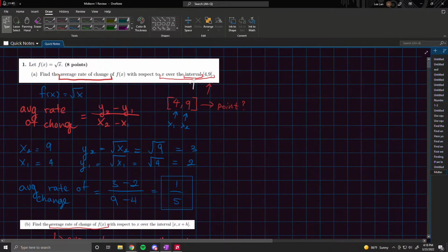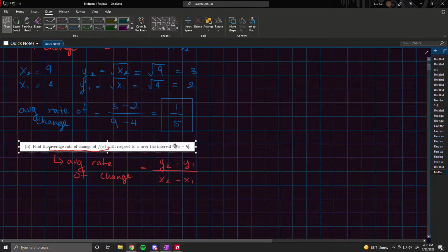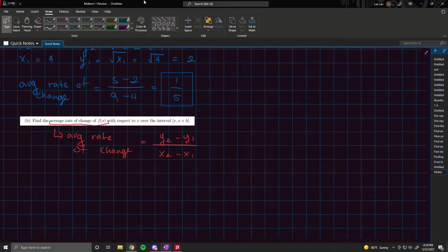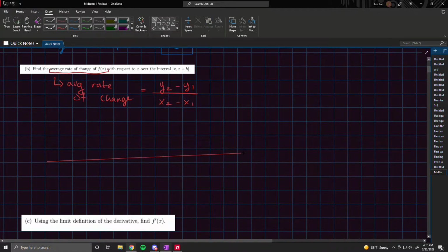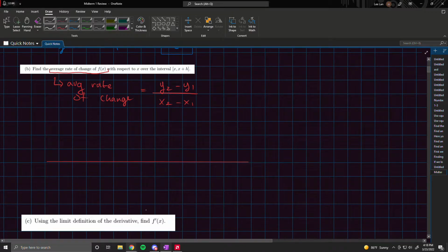So it's very similar to the first problem, right? The only difference is that instead of the interval being defined from 4 to 9, the interval is now more abstract. But what does this really mean? If we drew another number line, and this is 0, and this is 1. And let's say this is our point x.